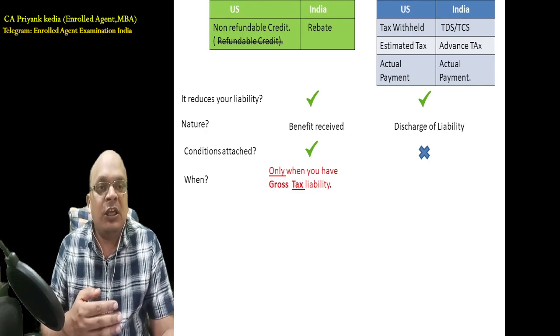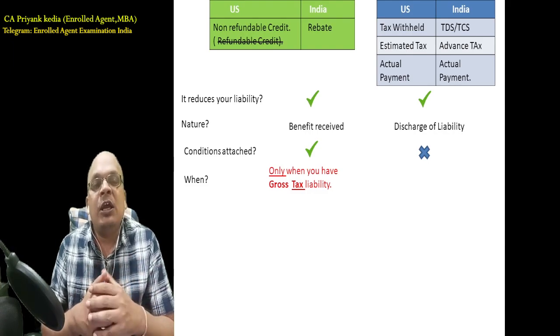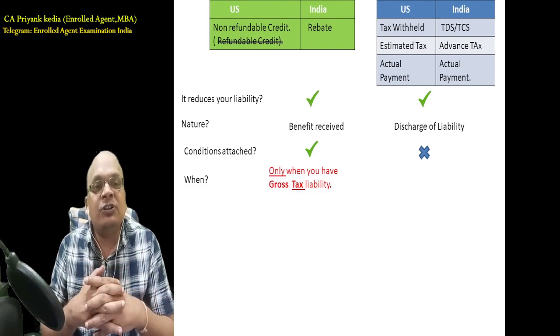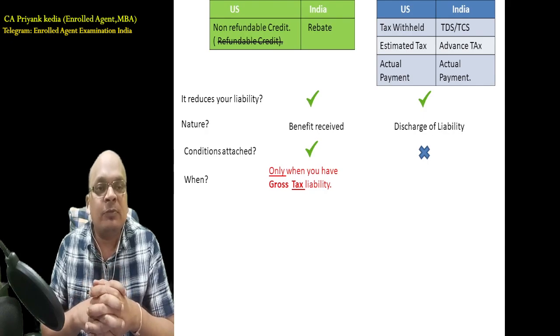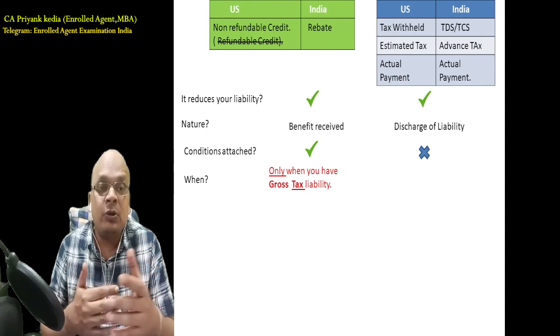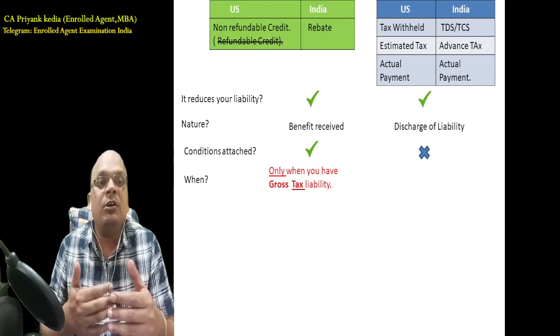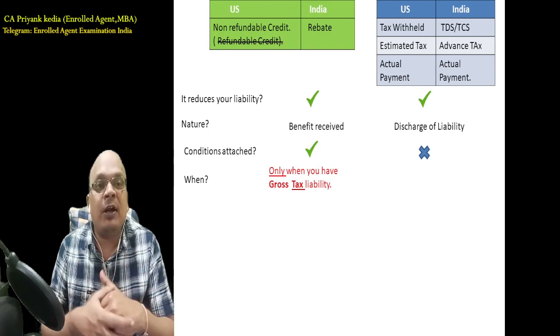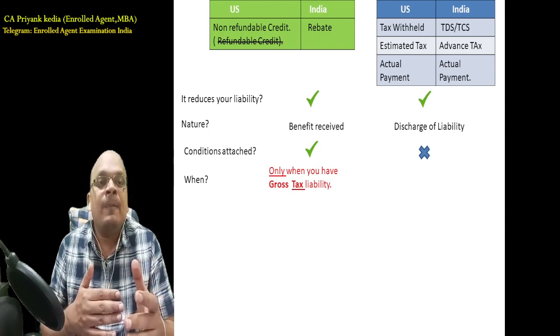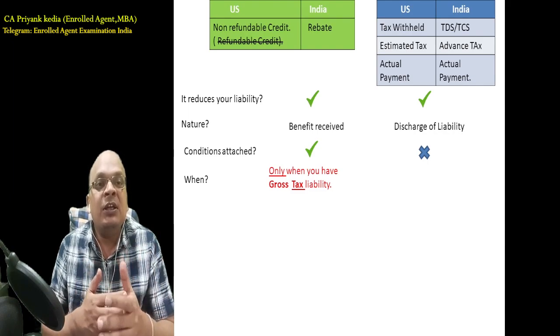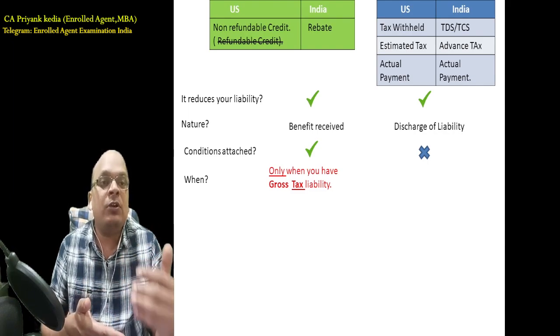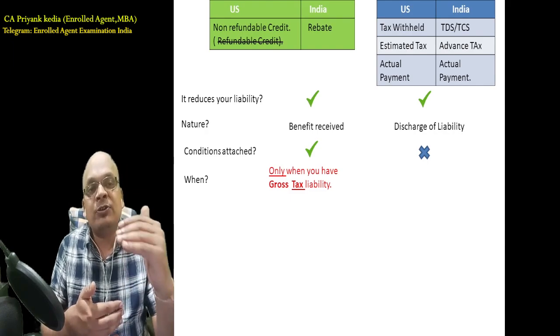So for example, even though you have fulfilled certain conditions and you have, let's say, a child tax credit benefit of $2,000, and your gross tax liability is zero, you cannot ask the government for $2,000 as a refund. Because child tax credit is a non-refundable credit, you can only take the benefit if you have a gross tax liability.